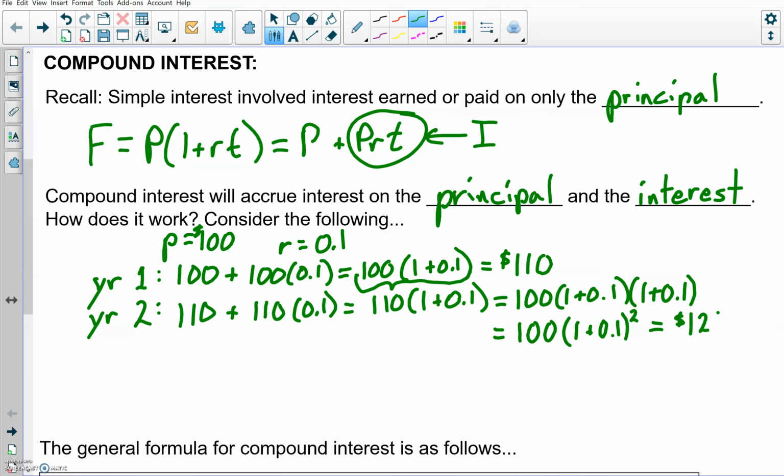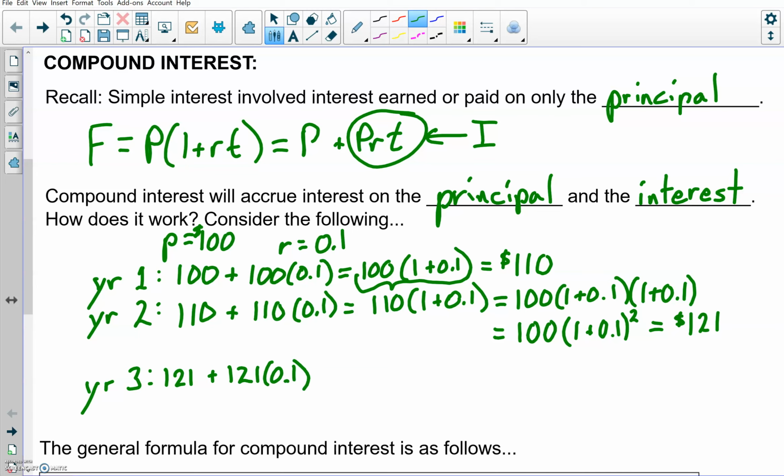If you compare this back to simple interest, you actually earn an extra $1 because you earn 10% on that $10 that you earned during that first year of accrual. So you're earning interest on the interest. That's the key aspect of compound interest. Then I'll bring this 121 down here, and we'll take 121 times 0.1.